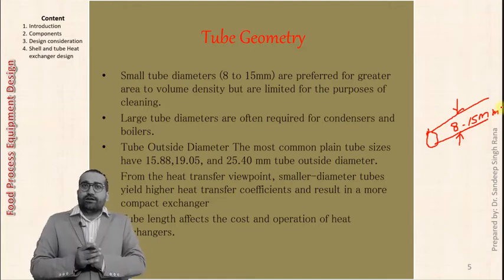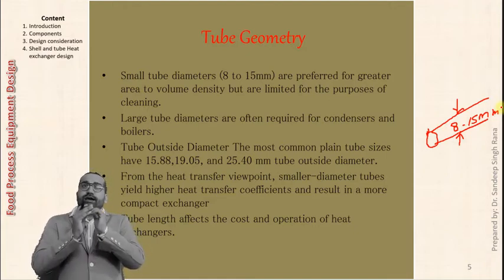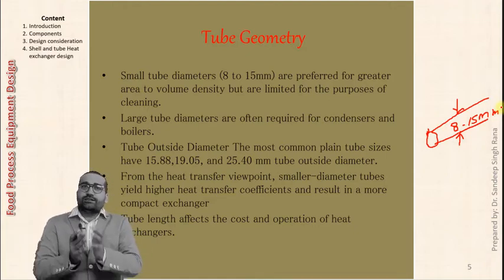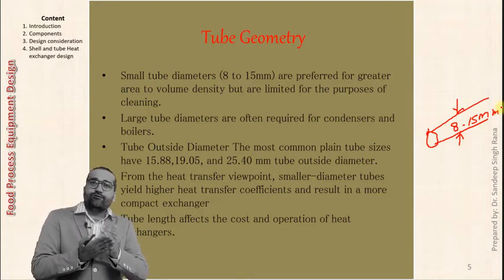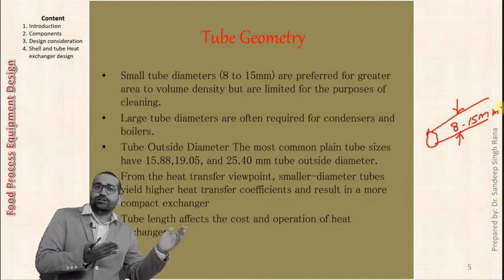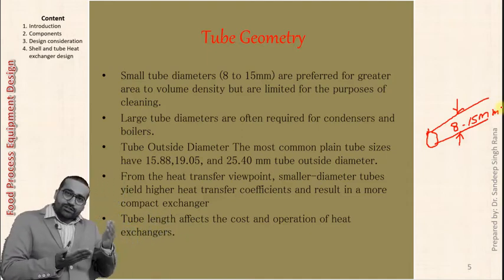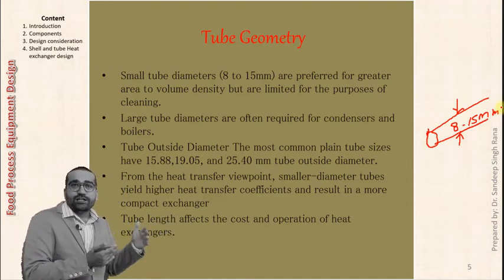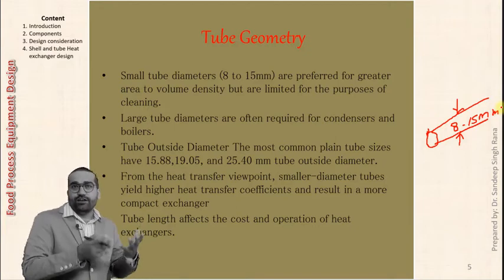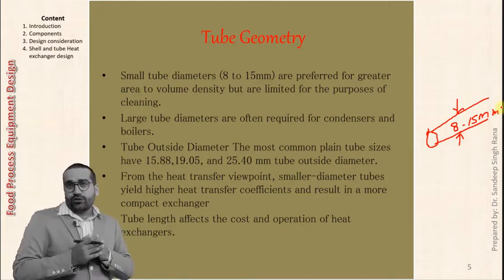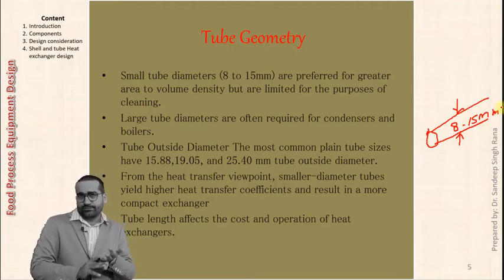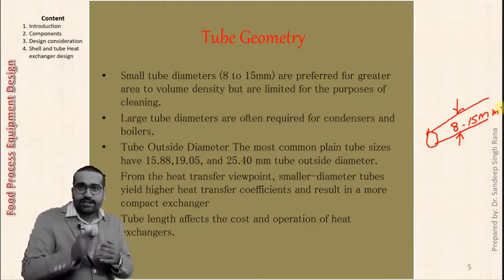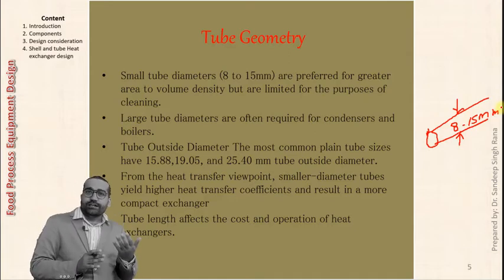So if we give the allowances, then our design will be justified for a much longer duration. If we are not giving some allowances, then after a certain time our design will fail. So that's why we should provide some allowances for fouling or corrosion, whichever is happening inside the shell and tube heat exchanger.